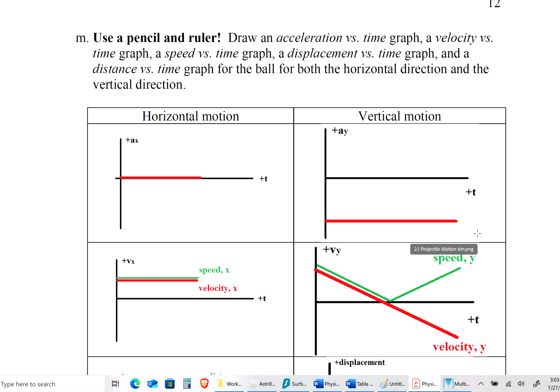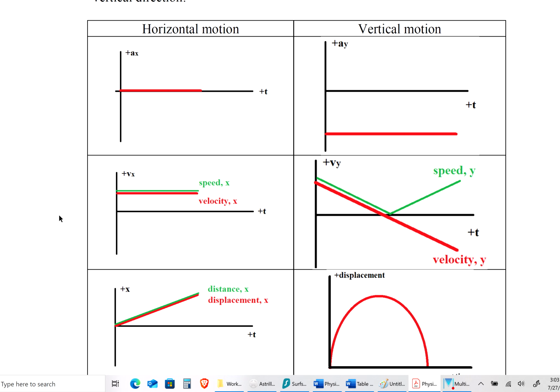Part M, use a pencil and ruler. Draw an acceleration versus time graph, a velocity versus time graph, a speed versus time graph, a displacement versus time graph, and a distance versus time graph for the ball for both the horizontal direction and the vertical direction. So, horizontal motion, A sub x is 0.